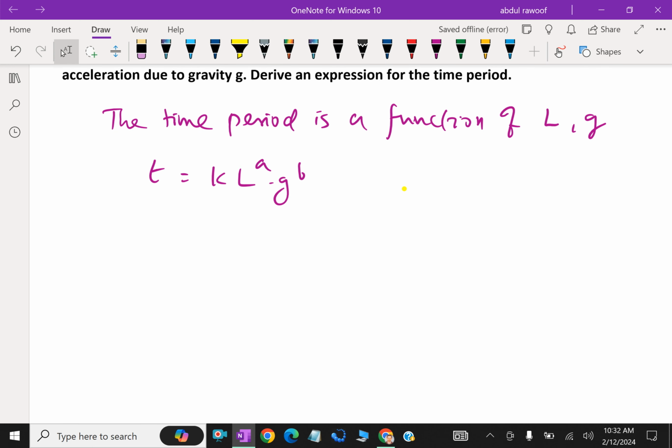Then substituting the dimensions on both sides, time period T power 1 equal k times L power a, and g is L into T power minus 2, power b.